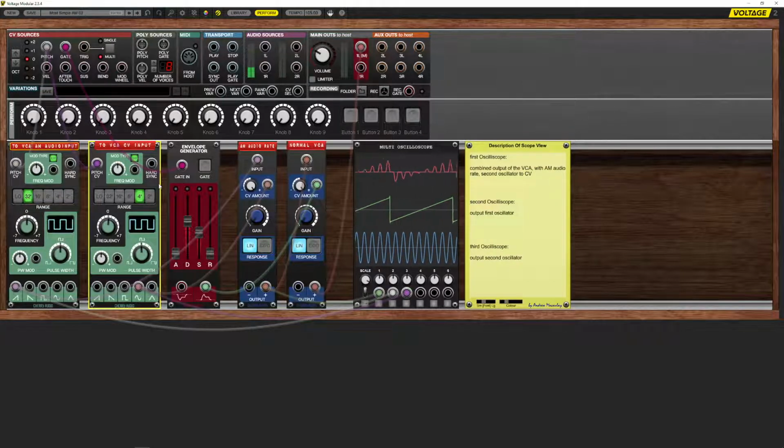Shall we try another modulator? Yes. See what happens.